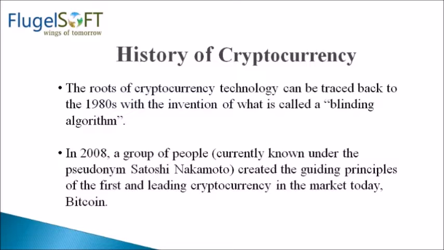So, in 2008, a group of people, currently known under the pseudonym Satoshi Nakamoto, created the guiding principles of the first and leading cryptocurrency in the market today, the Bitcoin. In 2009, Bitcoin was launched to the world, but it would be years before it was formally recognized as a means of payment among leading merchants, starting with WordPress in 2012.